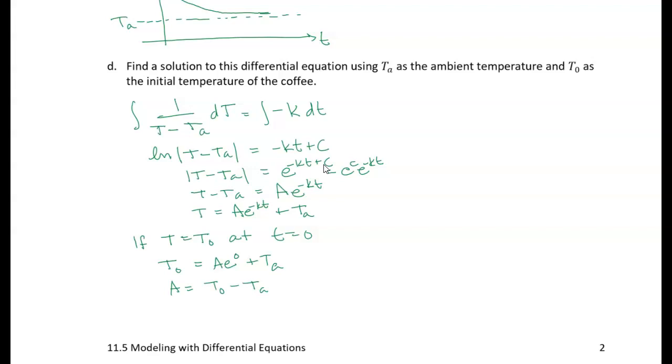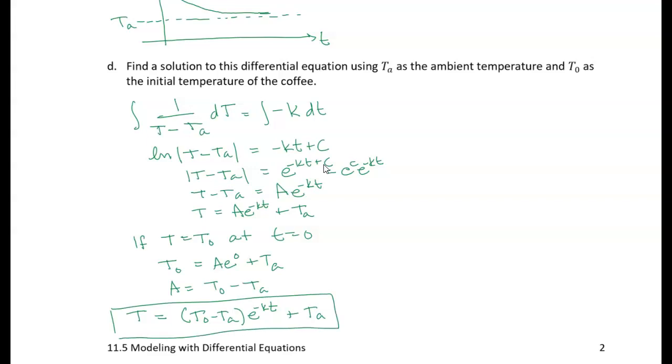All right, so now that we know A, we can actually get a solution. So we're just going to put this T0 minus TA in for A. So we get T0 minus TA times e to the minus kt plus T sub A. All right, so there's our general solution to that differential equation.